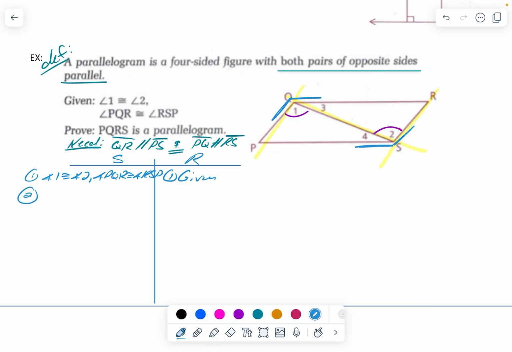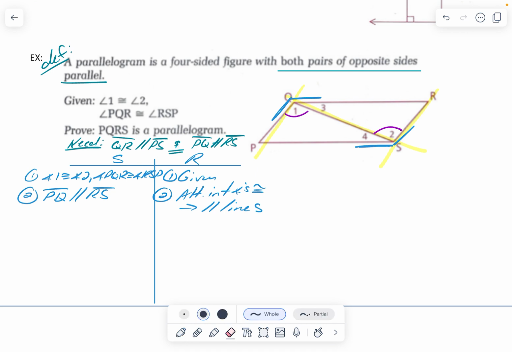So we can say PQ parallel to RS, and that is because alternate interior angles congruent means parallel lines. That's how we're going to write the reason. So we state the angle relationship, arrow indicates that they're parallel lines.